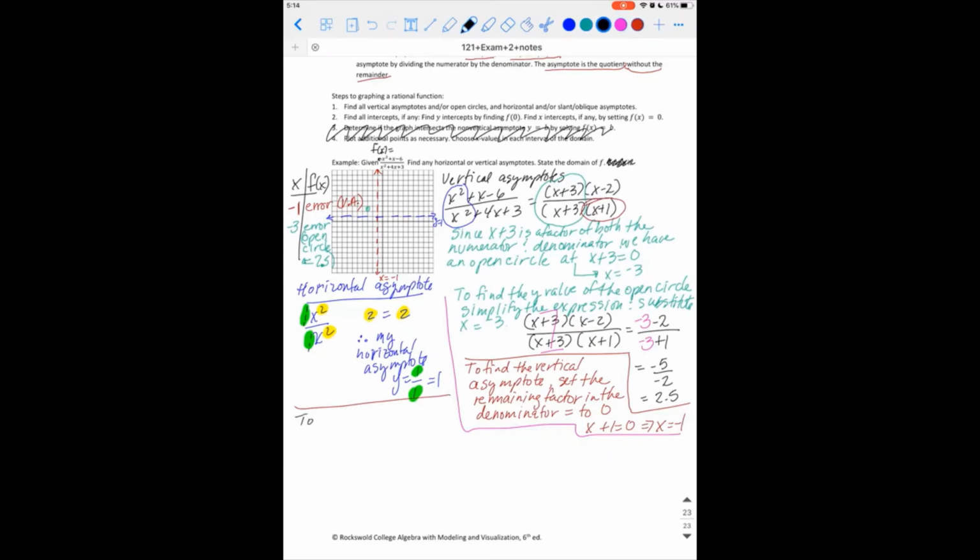So this is technically step 1, everything that we just did so far, and now we're gonna do step 2. So to find the y-intercept, x is equal to 0.